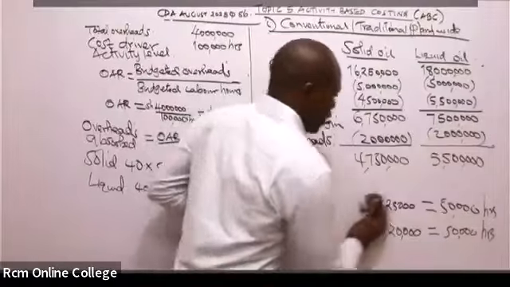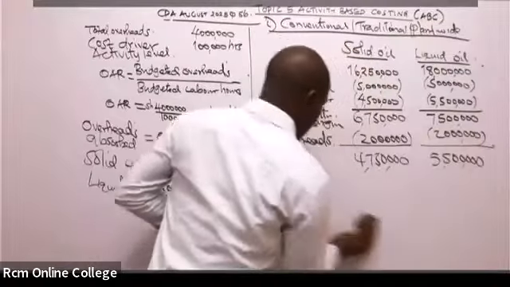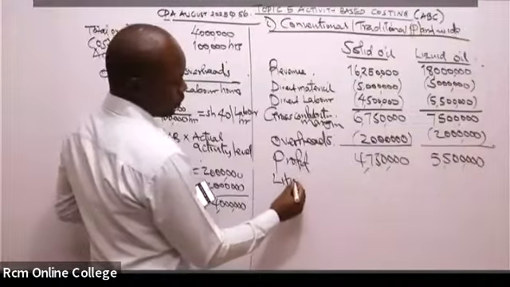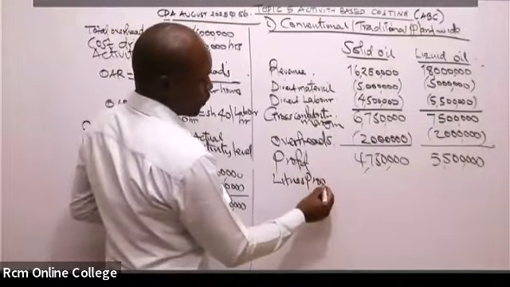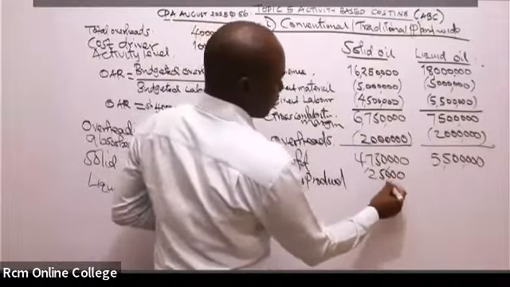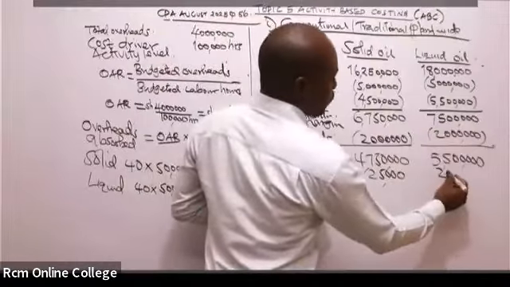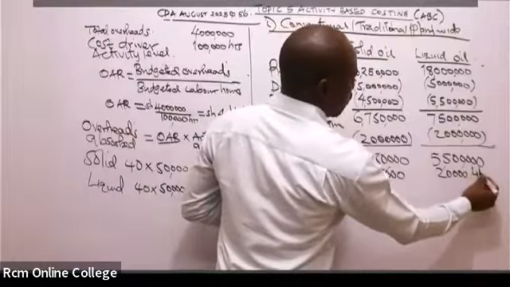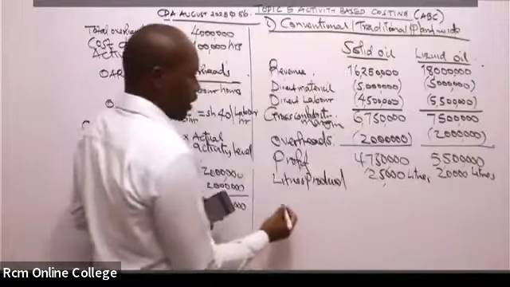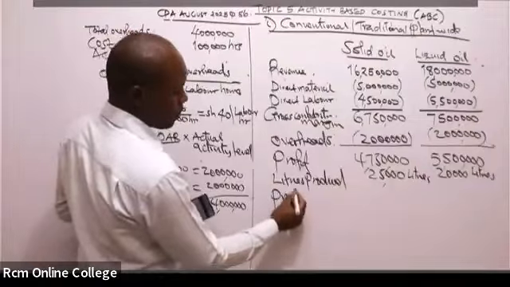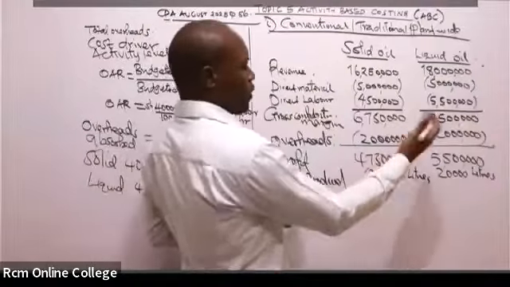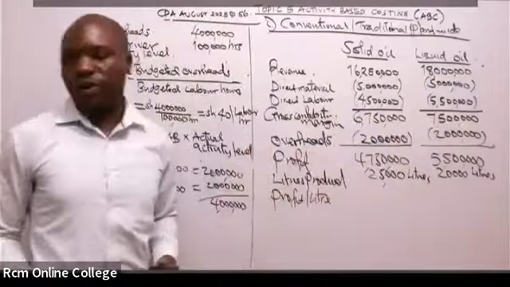So we now come here and talk about liters produced. We have 25,000 liters and 20,000 liters. Can we now get profit per liter? Profit per liter, 4,750,000 divided by 25,000.